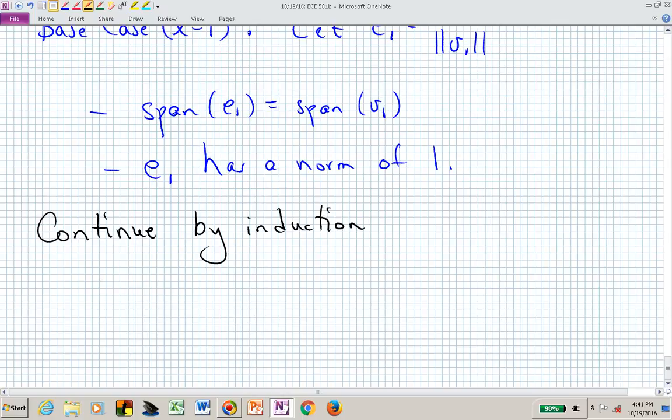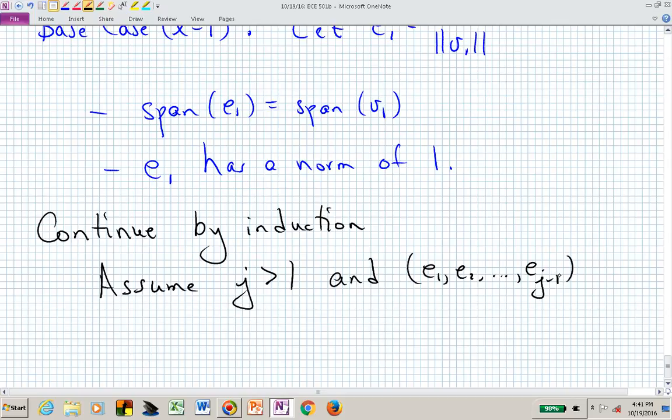by induction and assume for a value of j greater than 1, and now we have E1, E2, up to E j minus 1. So we're assuming that this is true up to j minus 1.